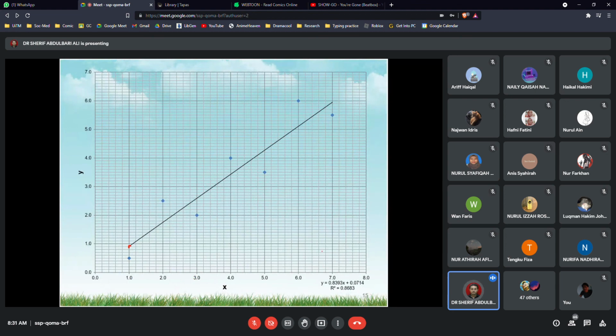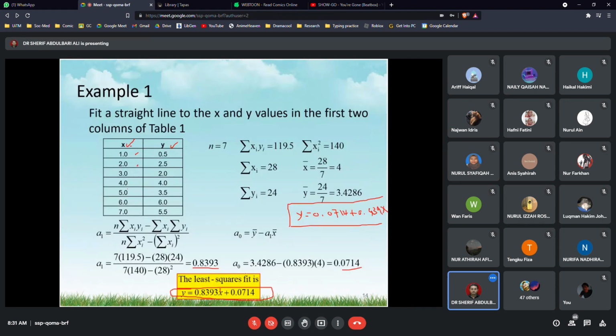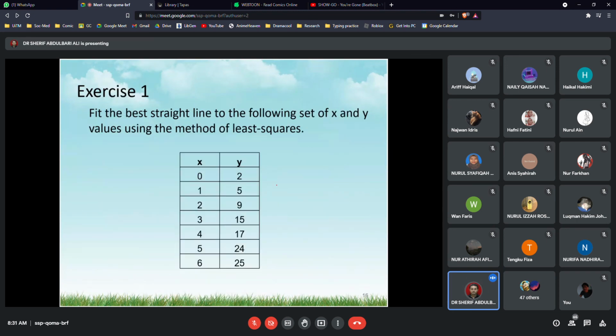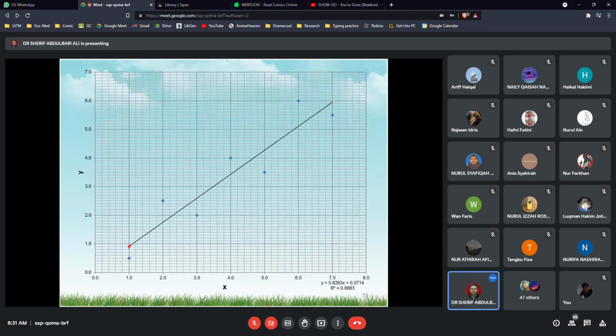Choose, let's say, x is equal to 7. So you put 7 here, and the value is going to show at this point. So you can draw the line by connecting the two dots. So this is the model. This is the value of the model that makes for you the straight line.